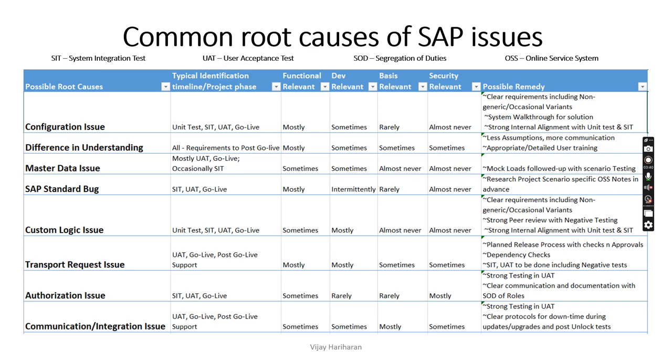Clear requirements, including non-generic occasional variants. Now, these variants typically mean there are specific regions or customers or processes that are not often used, but when they are, and if they are not tested, you may encounter issues. System walkthrough for solution.